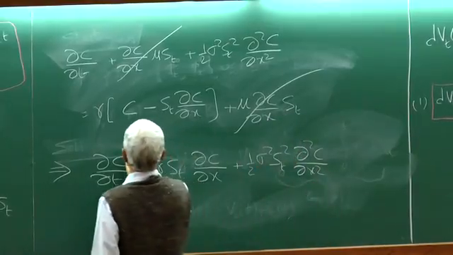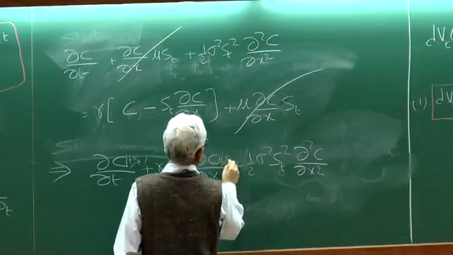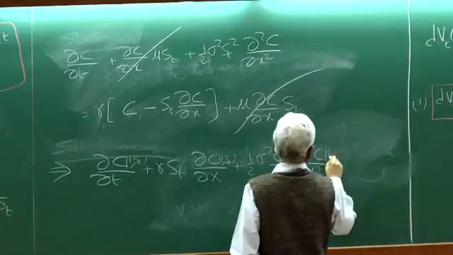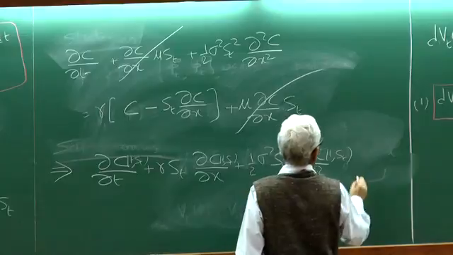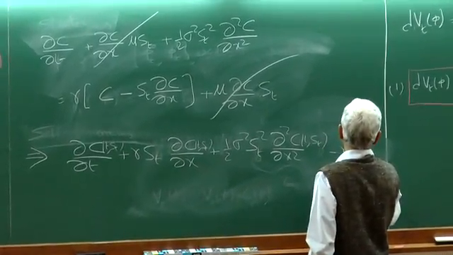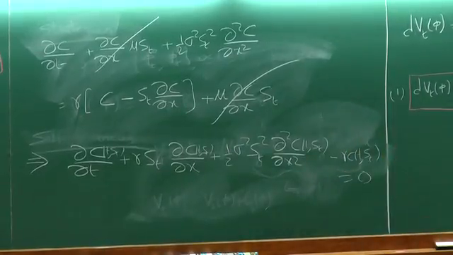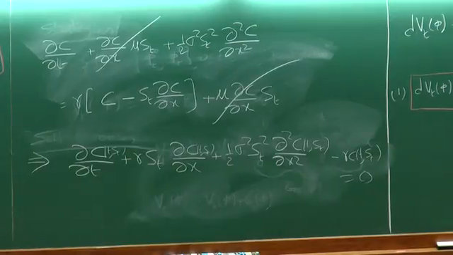Remember, these are all evaluated at TST minus R C TST is equal to 0. Have I done this? This is Black-Scholes PDE.